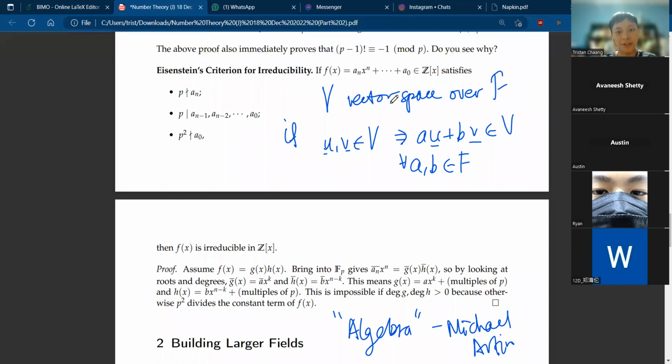So not only can you talk about vector spaces over R, which is what we normally think of as vectors, right? We talk about Euclidean space, 3D space, 2D space. Those are vector spaces over R. You can also talk about vector spaces over F2, for example. This is the binary field, or the mod 2 field. And in fact, there are some combinatorics techniques that use vector spaces over F2. I'm not sure if you're going to learn it this chem or next chem, but eventually you will.